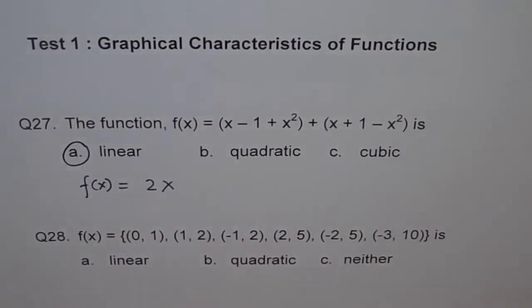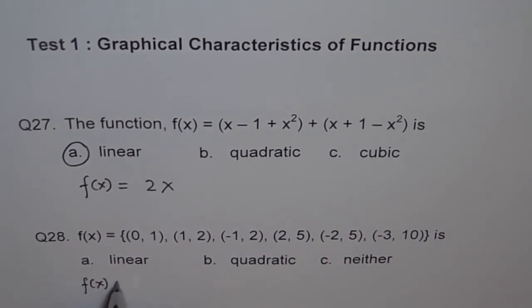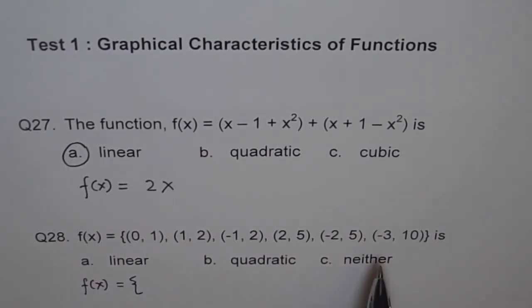How about question 28? Now, do you see the data given here? It is not organized. So the first step is you need to organize the data and then find the first difference and second difference and then figure out whether it is linear or quadratic. So if we organize it, what do we get? First we write minus 3, 10, and then minus 2, 5.